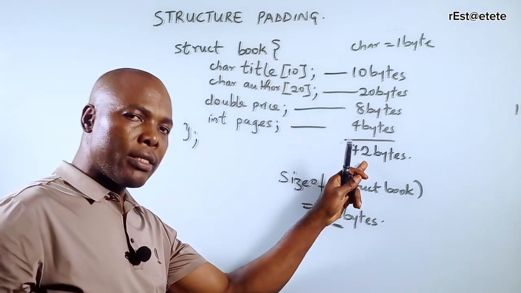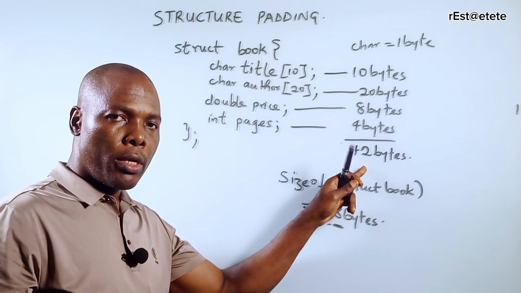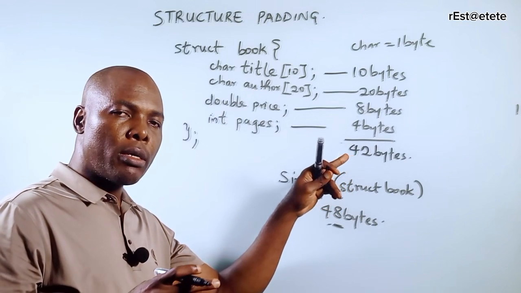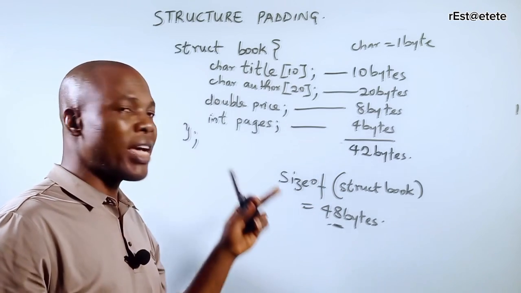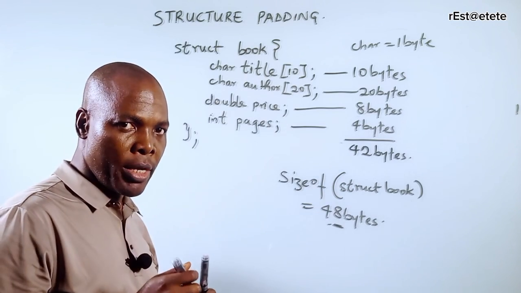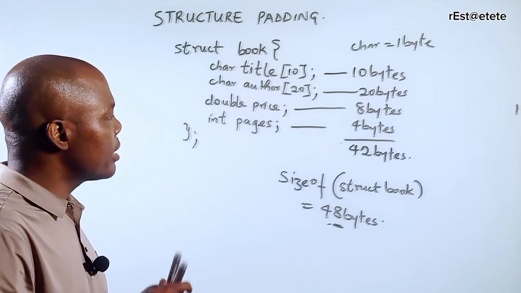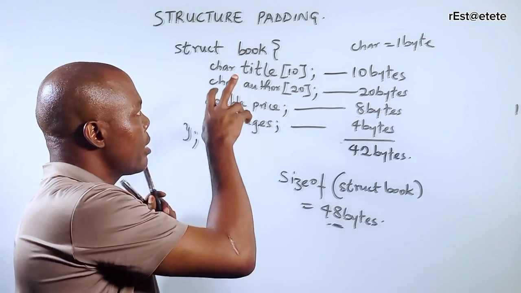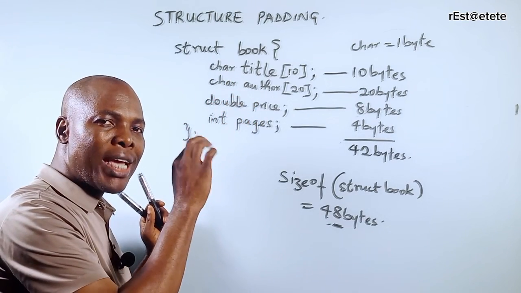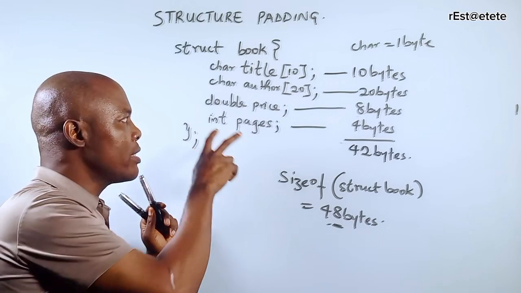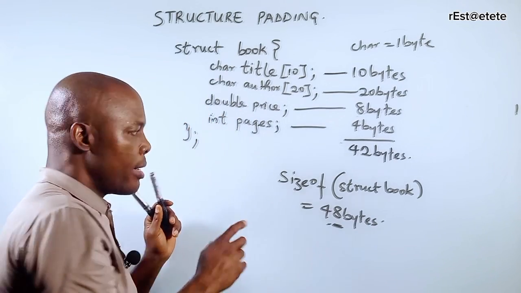If you leave it like this, no issue, but your application will be slow, because it will take multiple accesses for the processor to be able to access the data in the memory and then mix them together. So another rule is that the compiler will do this alignment based on the alignment of the largest member, right?